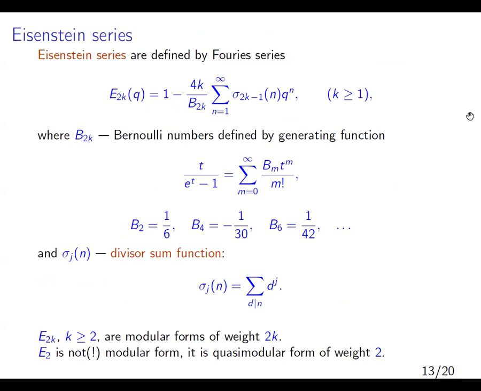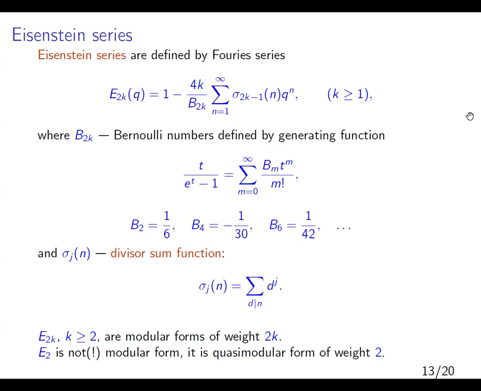which are defined as generating functions for some number theory properties. We have here some Bernoulli numbers, and sigma functions, the so-called divisor sum functions. For every integer n, this function is the sum of all the divisors of n to the power j.